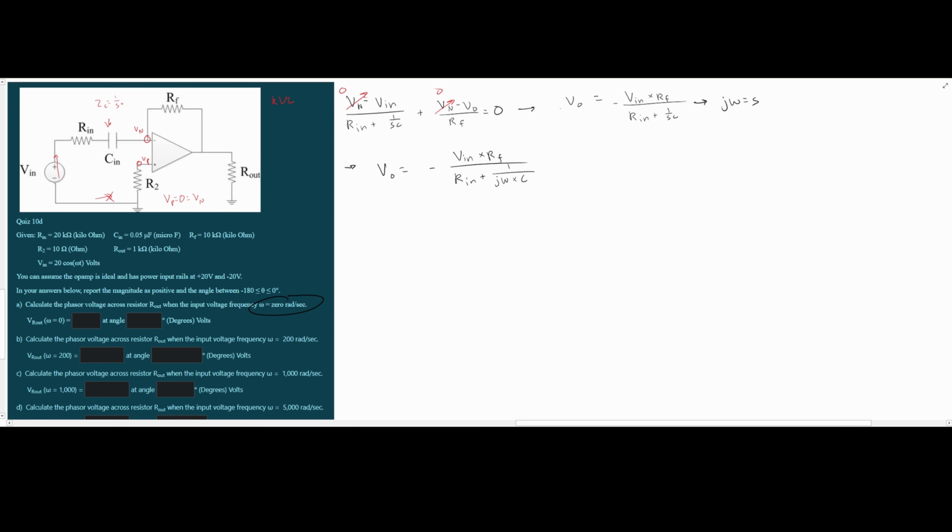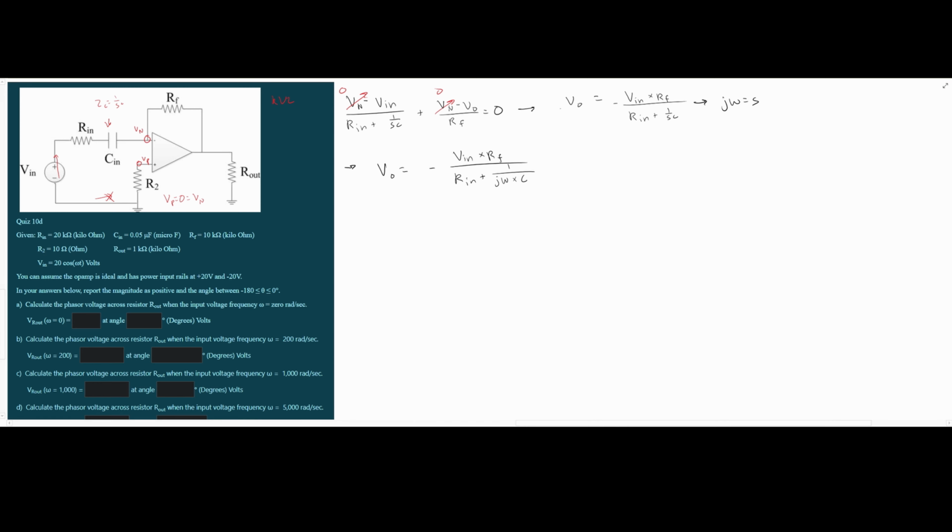So we're going to solve for part A first, where omega is 0. When omega is 0, this capacitive term is going to be a big number, because it's microfarads, so we have a big number over a small number.